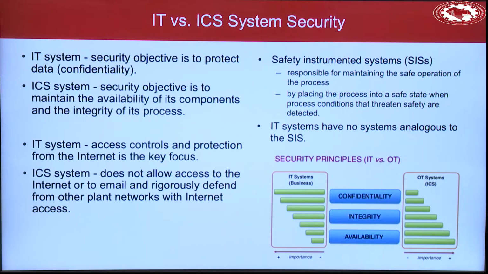So I talk about confidentiality. In ICS or OT systems, we say availability is the key priority. Then the integrity. At some point, we need to know the data is correct. So that's where we talk about integrity. What is integrity? Right.